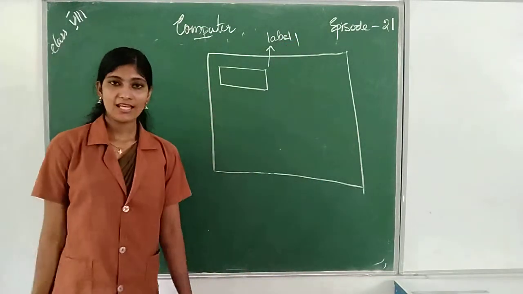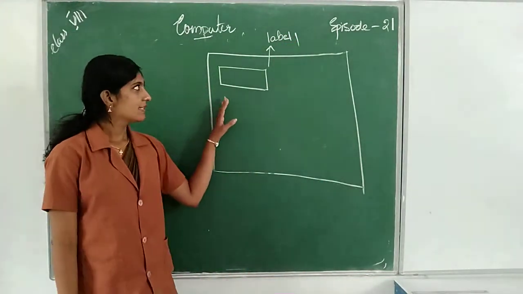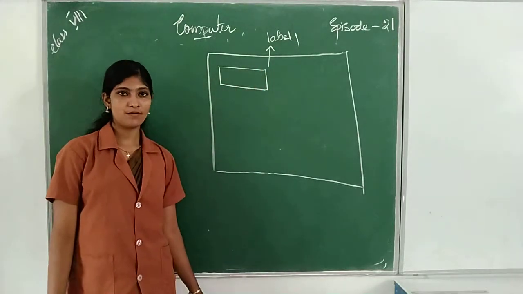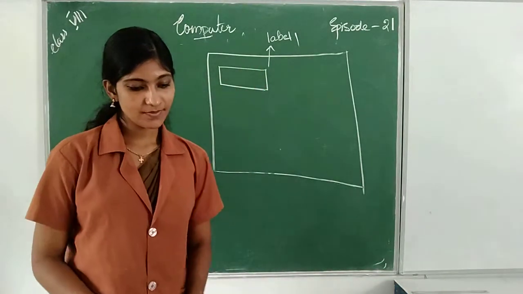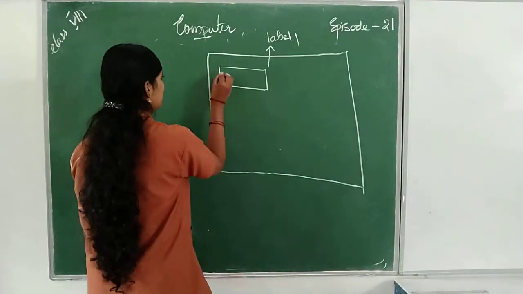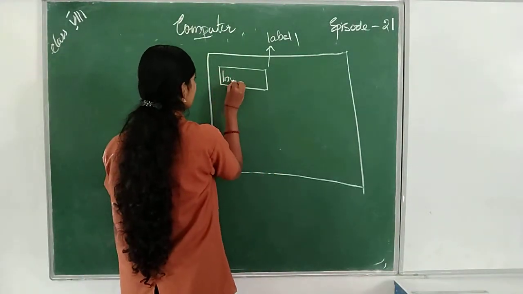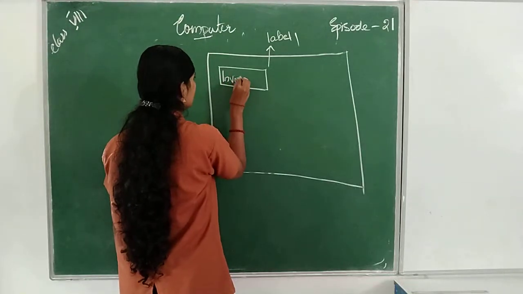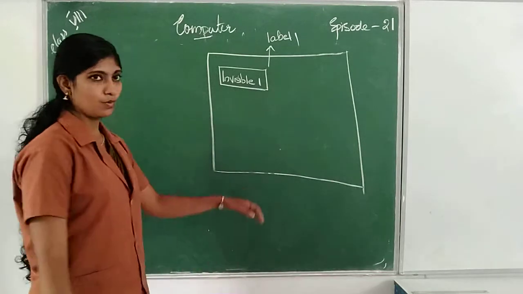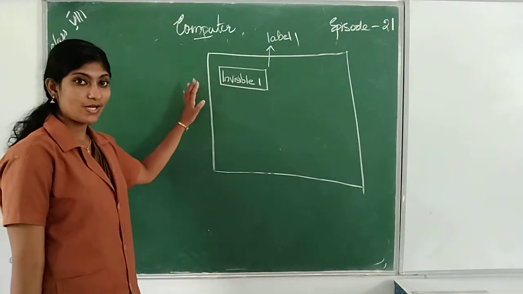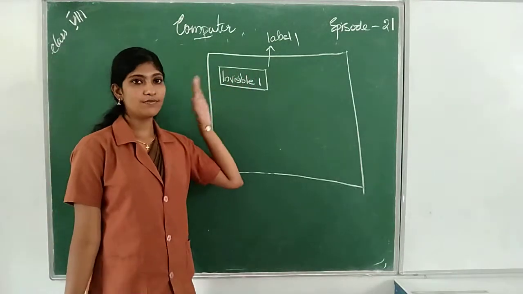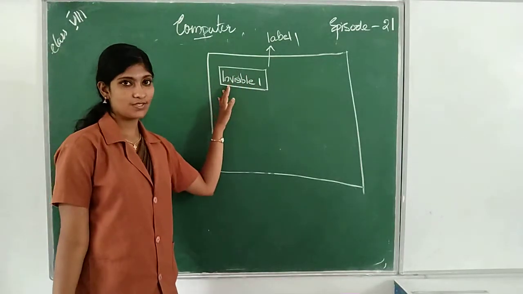Write a name for that label, invisible 1. Just drag a label from the toolbox and write a name for the first label, that is Label 1, invisible 1.